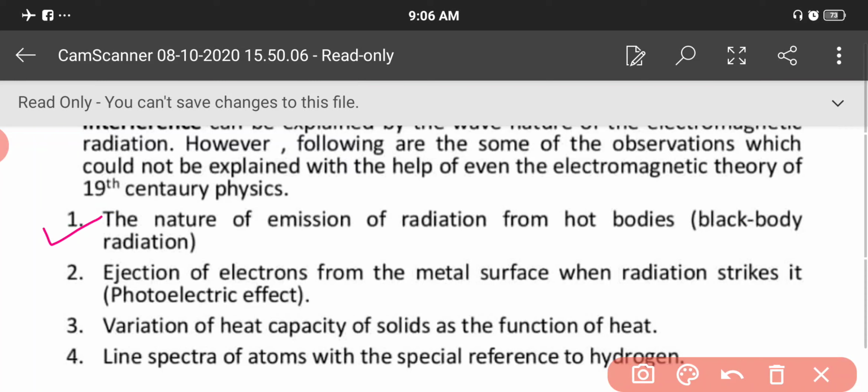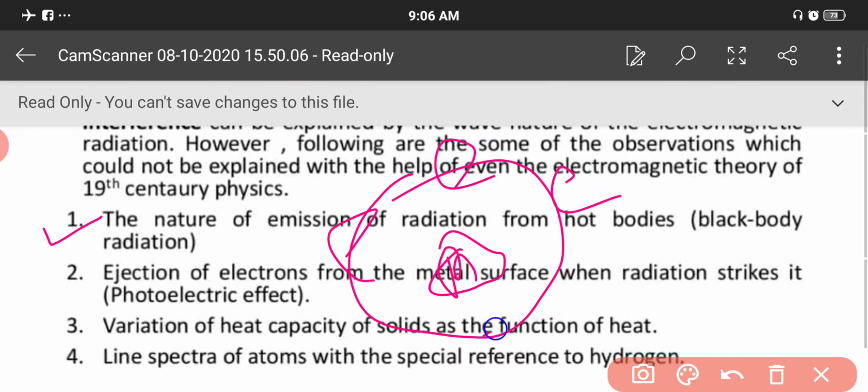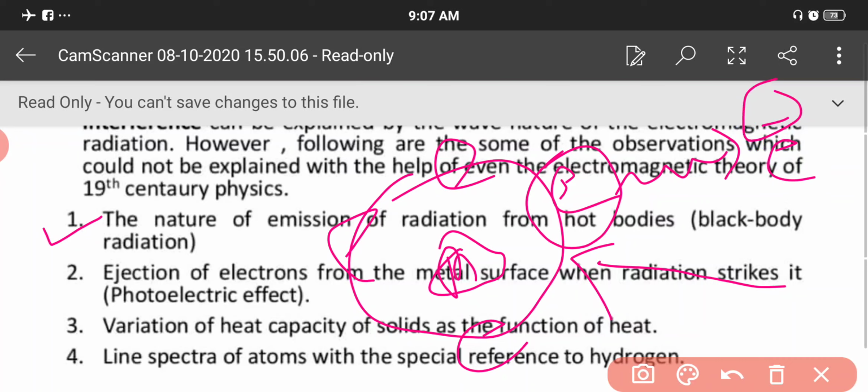Okay, we know any metal has a nucleus and electrons around it. So when you strike radiation on the surface of a metal, what happens? This radiation strikes the electron and the electron gets removed from its orbital. Okay, which is known as the photoelectric effect.